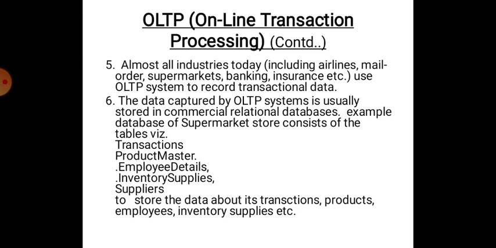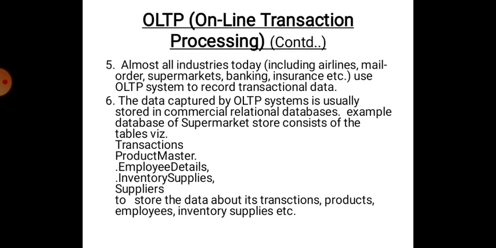For example, the database of a supermarket store consists of the tables, namely transactions, product masters, employee details, inventory, suppliers, etc. Students, we have considered a manufacturing organization, and these could be the tables in which various data could be stored.